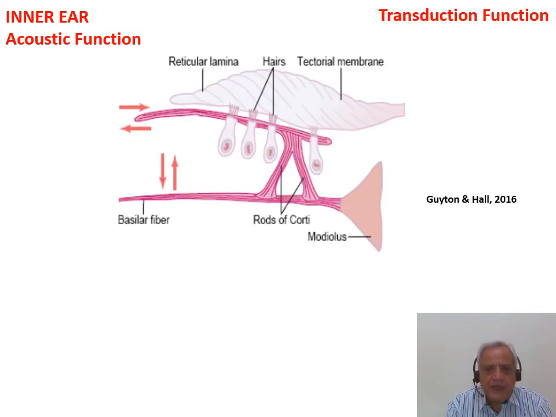But as we mentioned, the main function is the transduction function, which is to convert these mechanical sounds to electrical impulses. To understand this mechanism, we can revise the organ of Corti again. We have the basilar membrane, which will be moving up and down. This movement will move the hair cells and the tectorial membrane above the hair cells, which will move to and fro.